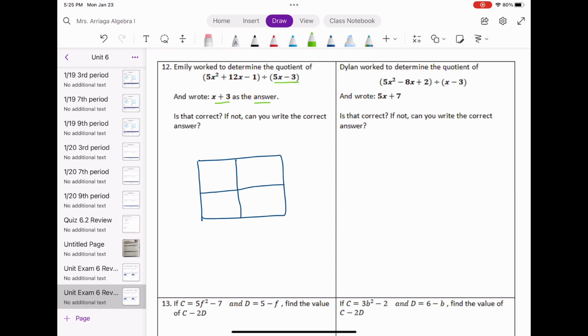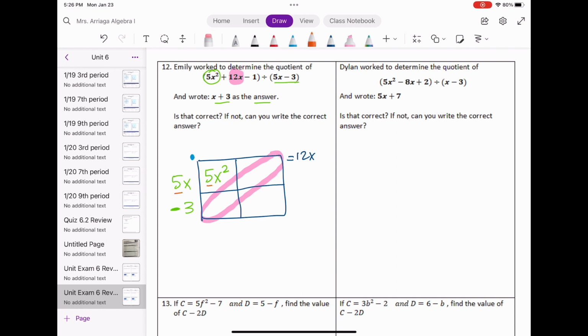We write the divisor on the side, and we know that the first term of that trinomial is the first square. First, let's set up that box. We know that that diagonal line should give you that middle term, so it should give you 12x. Now, let's start doing that math. From the outside to the inside, we multiply, but from the inside to the outside, we divide.